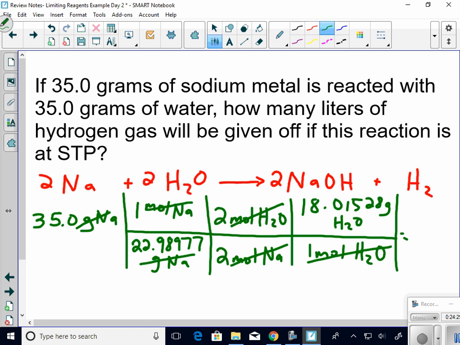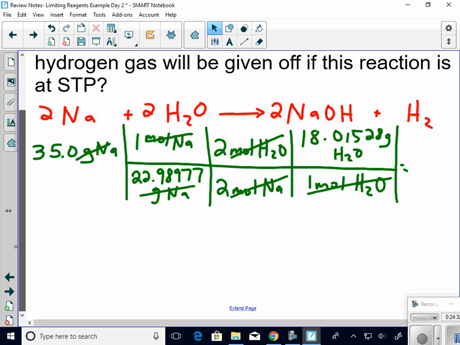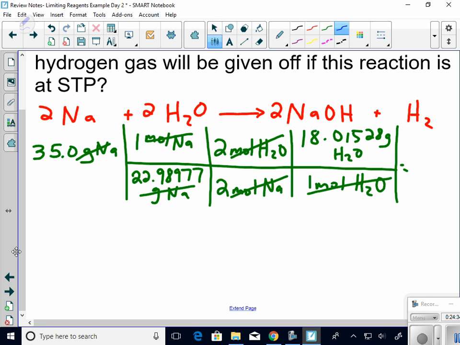So, as I'm doing my math, I'm going to come up with a mass of water. When I do my math, I come up with a value of 27.4 grams of water.